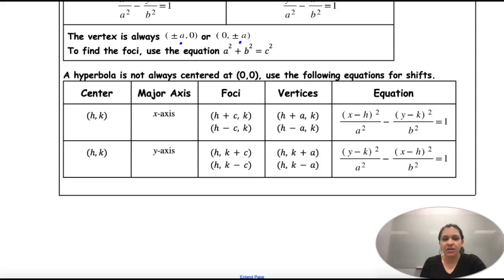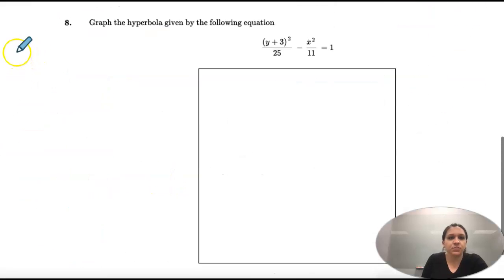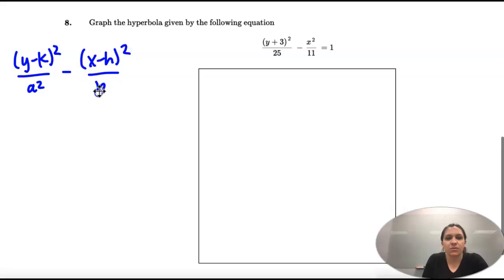So I'm going to write that: y minus k squared over a squared minus x minus h squared over b squared equals 1. Okay, so our center here is at (h, k).